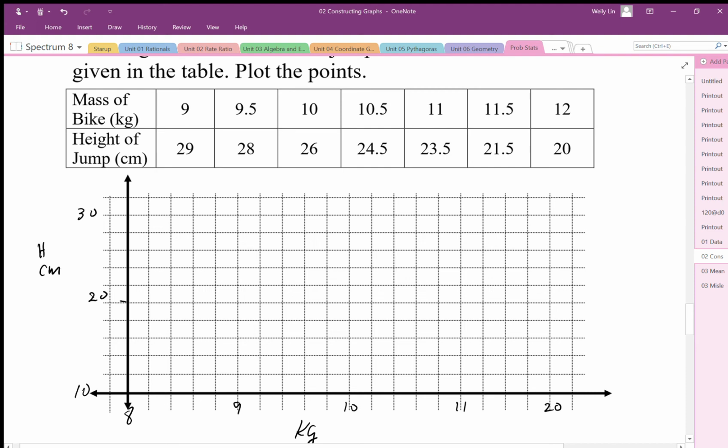So then at 9 kilograms, we're going to jump 29 centimeters, right about there. At 9.5, so halfway, we're going to have 28, so it's going to be right about there. At 10, we're going to be at 26 here. 10.5 is going to be 24.5, somewhere around here.